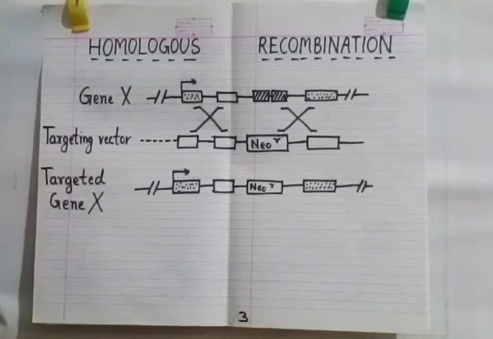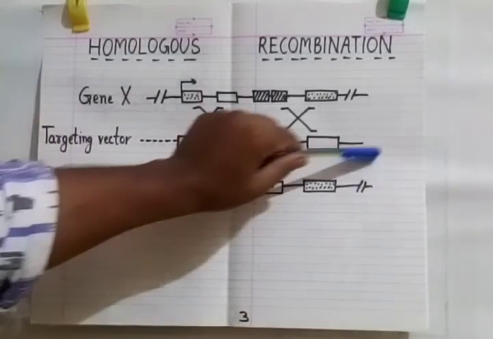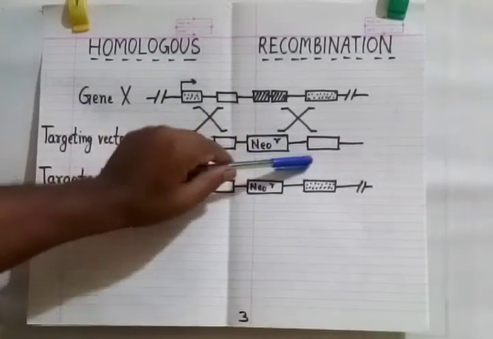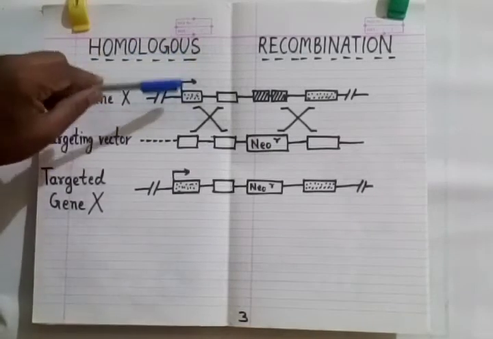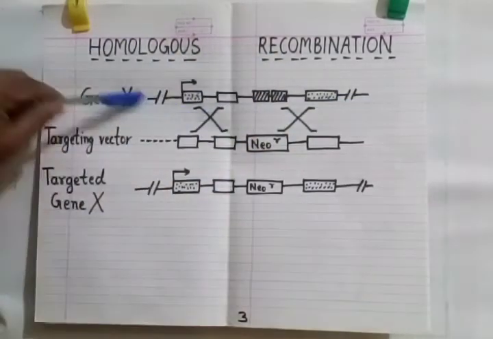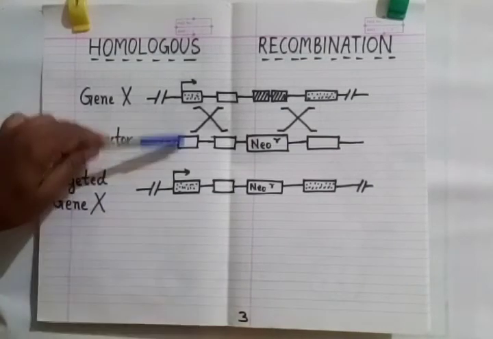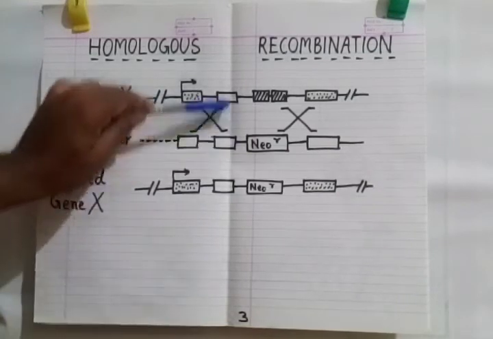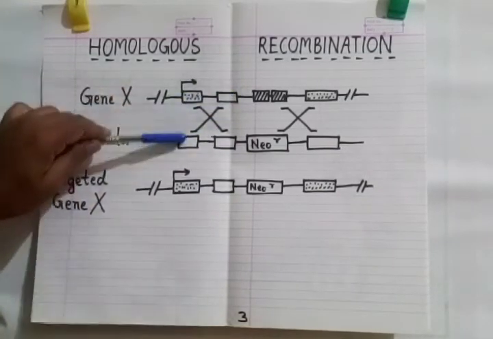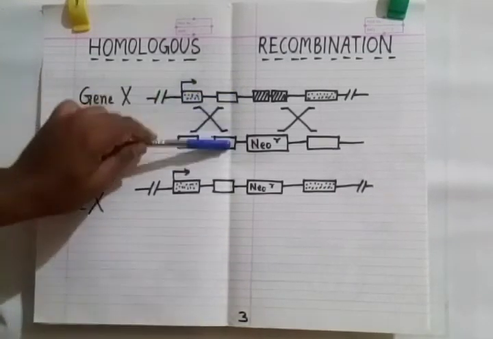Why is it important? Because I want this targeting vector DNA to go and do homologous pairing with this gene. And why will it do homologous pairing? Because these portions are similar. Can you understand? These portions are similar.